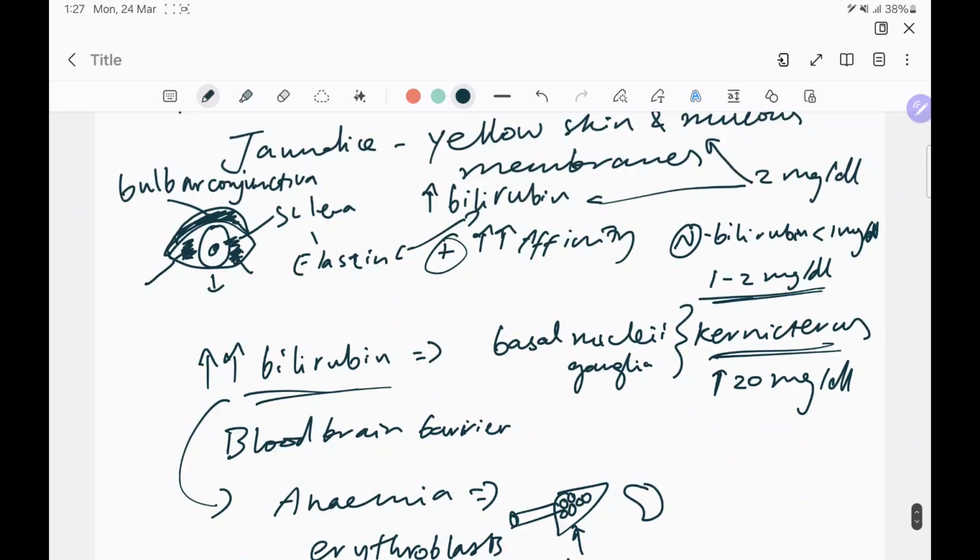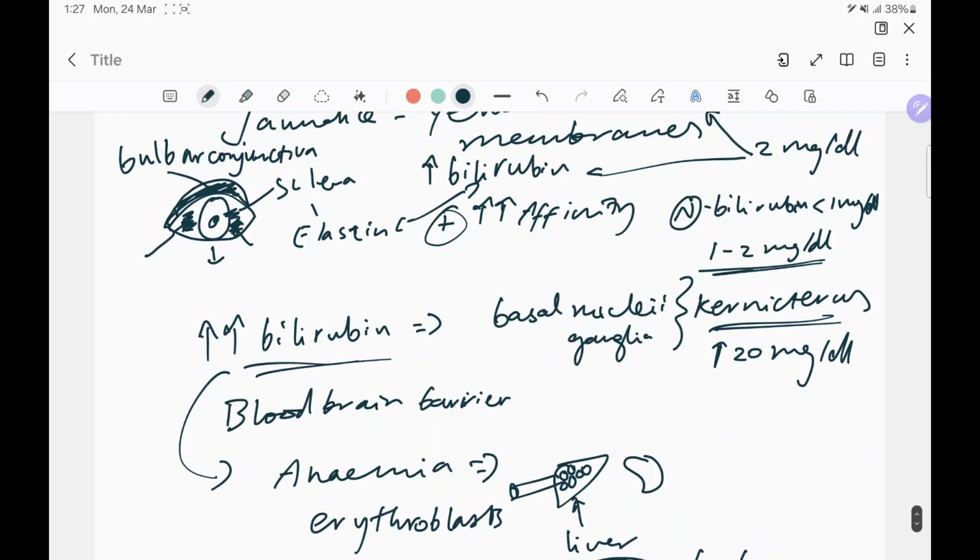If somebody has kernicterus or even erythroblastosis, exchange transfusion can be tried. You know that umbilical cord which has those big vessels? We have a way to take a little blood from the baby and inject clean new blood with normal levels of bilirubin.